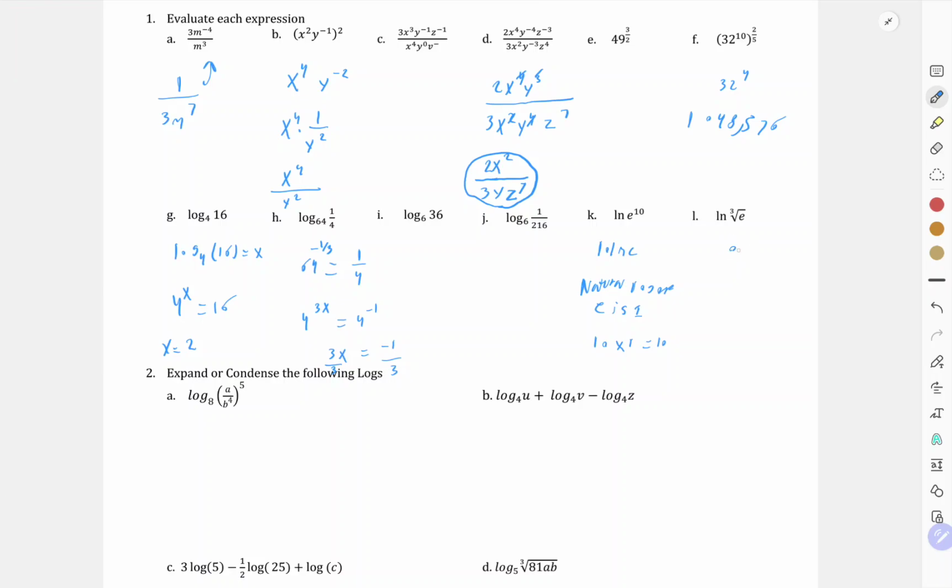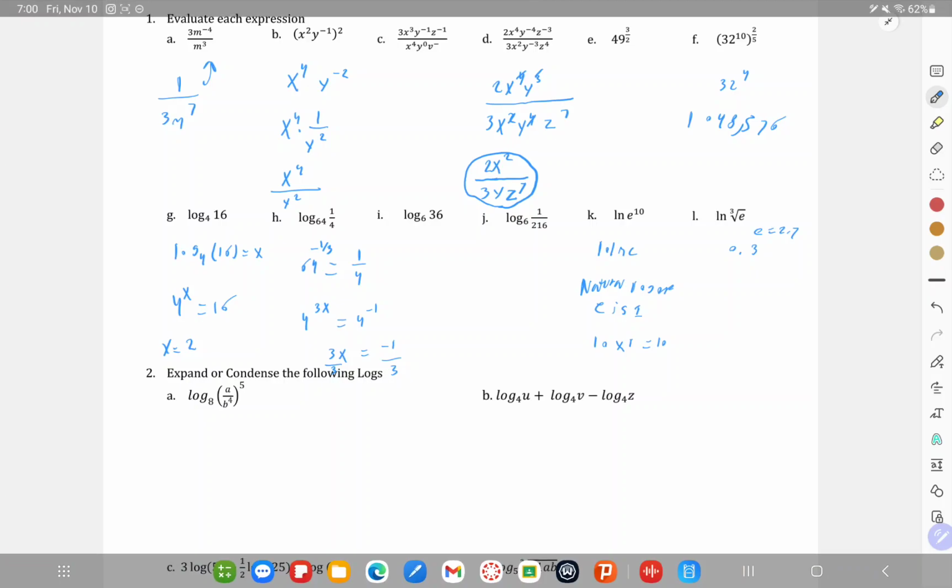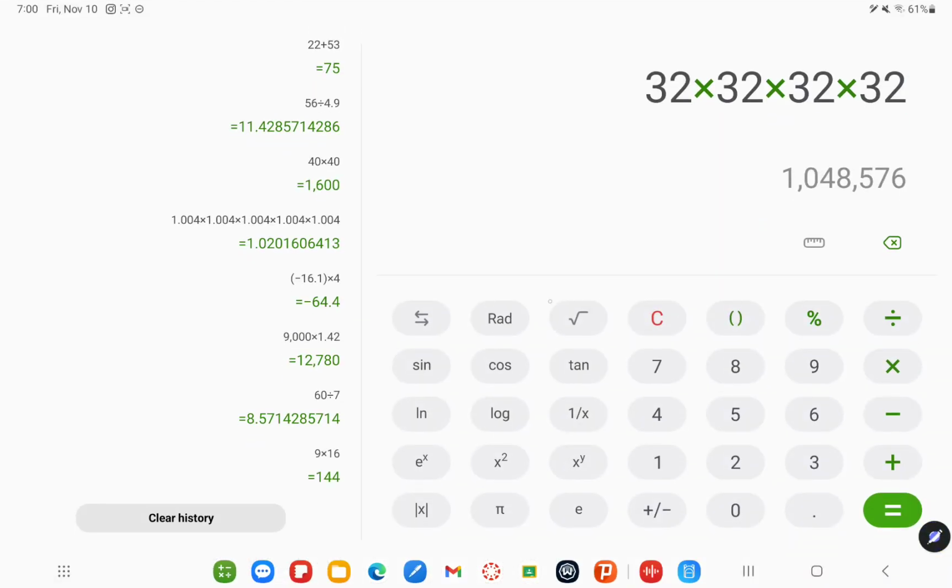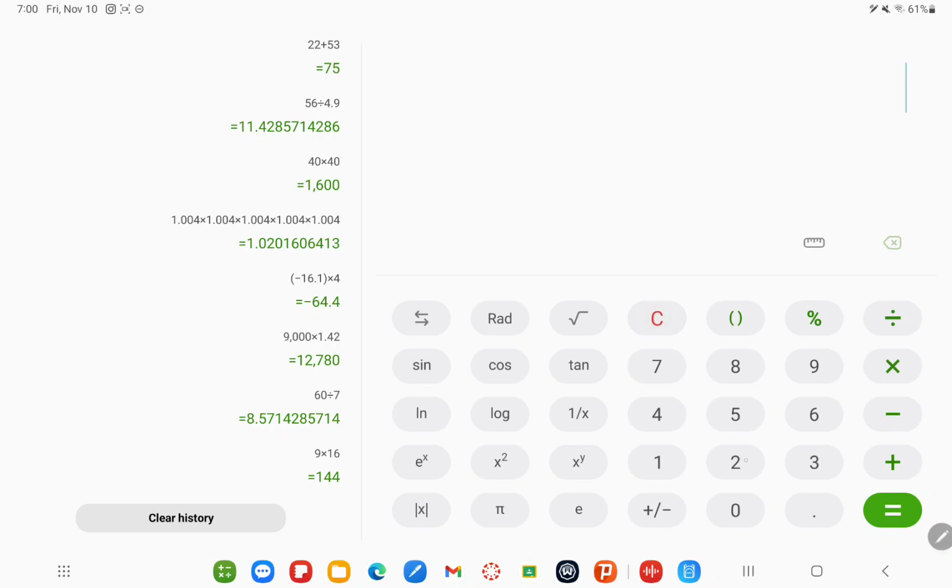0.3 repeating. This is just the natural log. It's just the cube root of e, and e is 2.7. So what's 2.7 cubed? Hold up. Oh, I can't even do cube root on this thing.